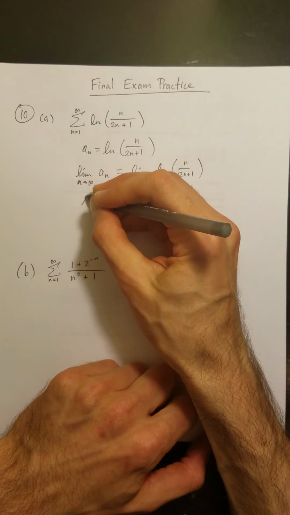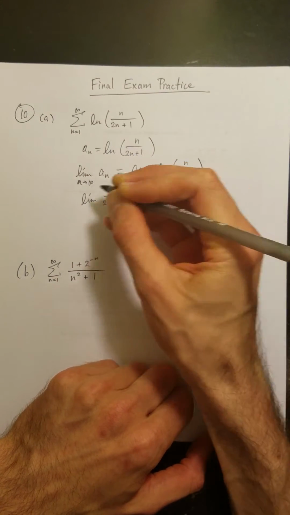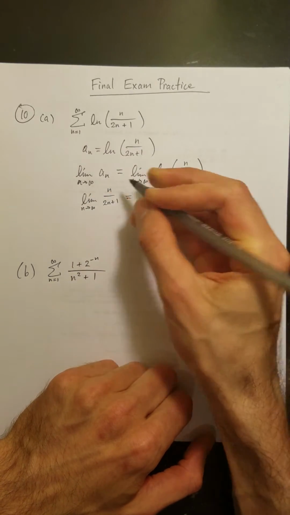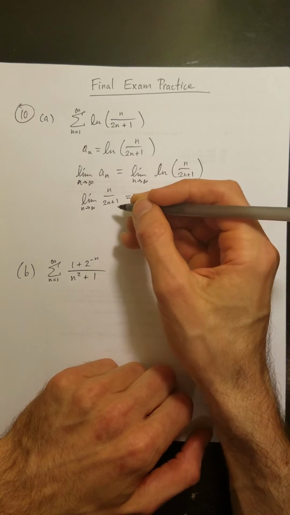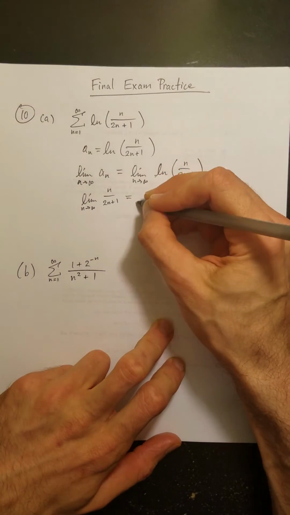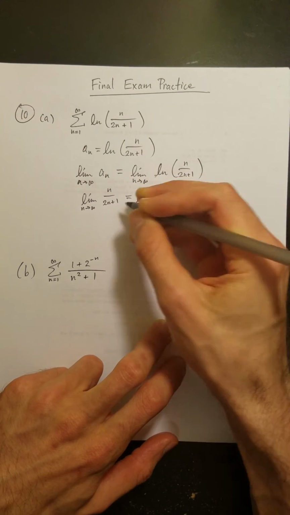All right, so either way, first of all, we want the limit of n over 2n plus 1, just the stuff on the inside of the natural log. We see that our numerator is blowing up and our denominator is blowing up, so we might want to use L'Hopital's rule, but that's not exactly necessary in this case because we can get away with algebra.